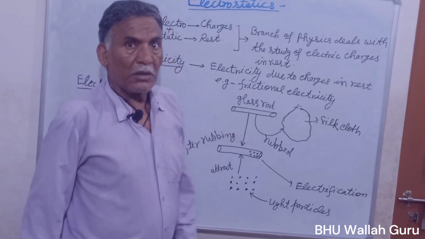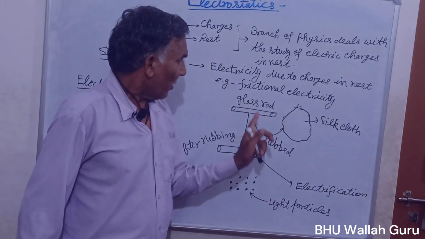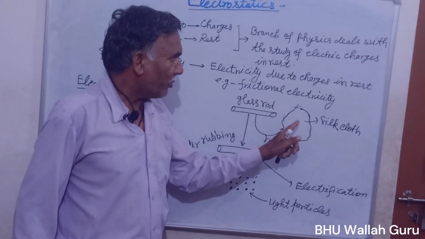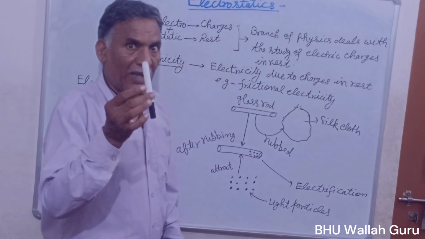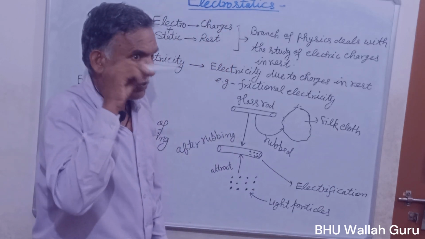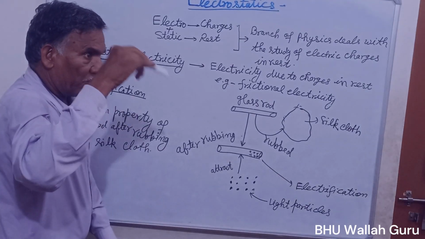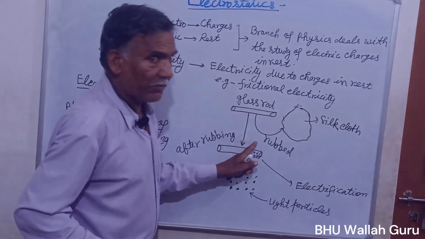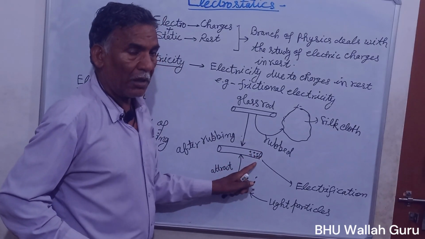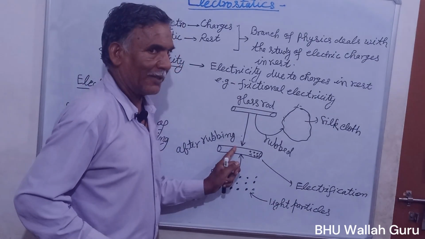As we are already familiar, if a glass rod is rubbed with a silk cloth, or a plastic comb is moved in dry hair, then it has a tendency to attract light particles towards it.